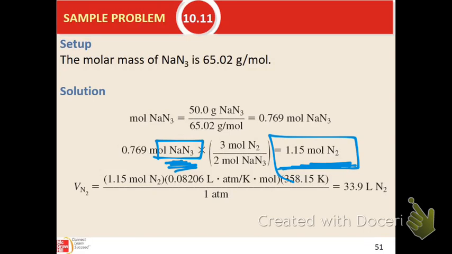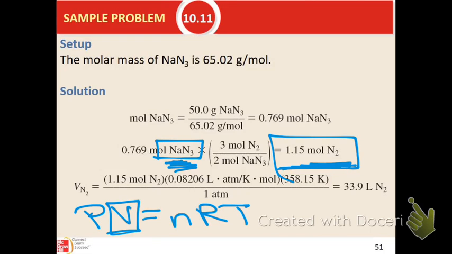And then once we do that, now we're going to use our PV equals nRT to find out what volume. So get that V by itself. We're going to divide both sides by P to get rid of the P. We know our pressure. We know everything now but the V. So we know how many moles. It's 1.15 moles.